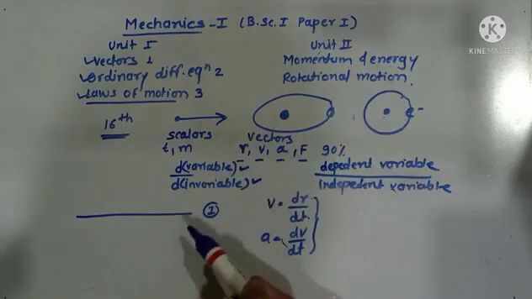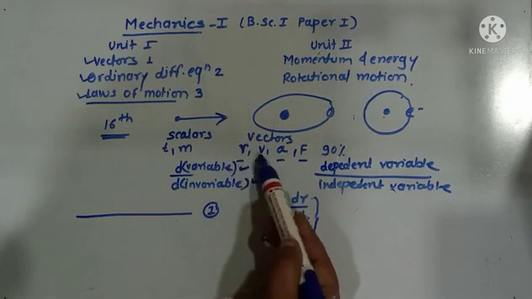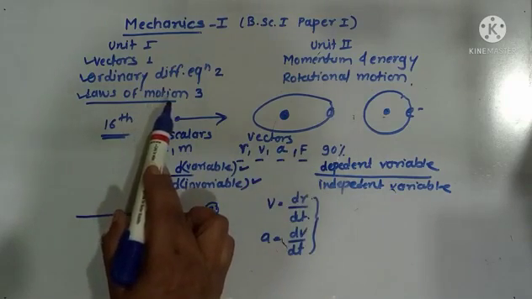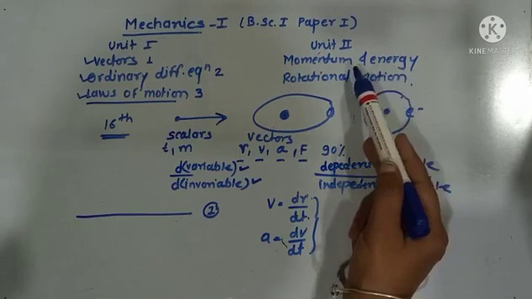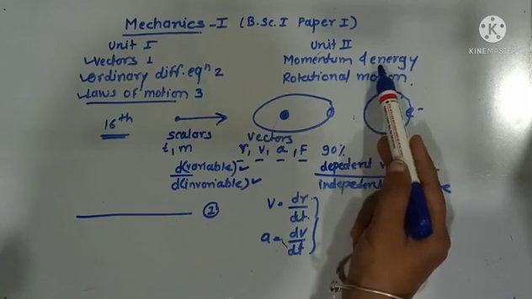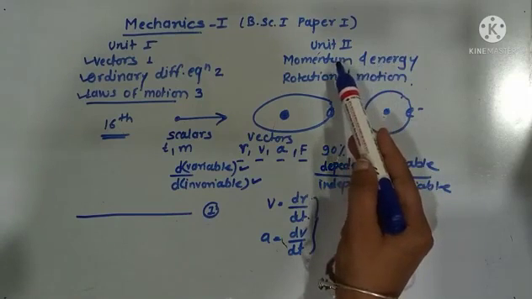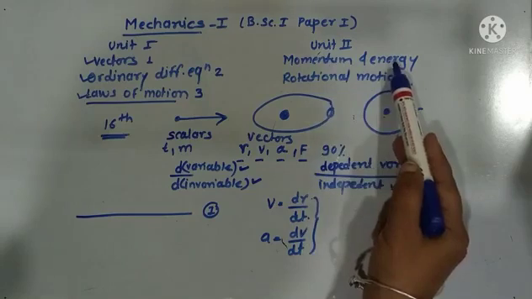So once you know r, v, a and force from these laws of motion, the only remaining things are the momentum and energy. These could be calculated by using the conservation laws, so in this unit we are going to deal with the conservation laws of momentum and energy.